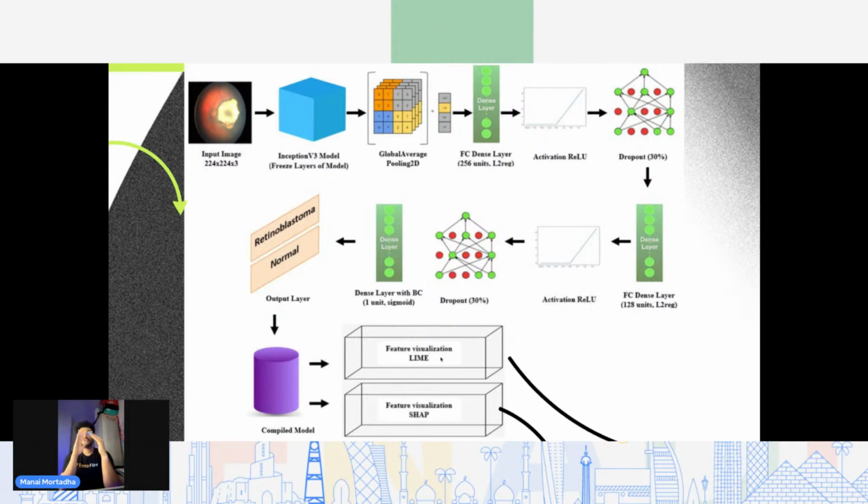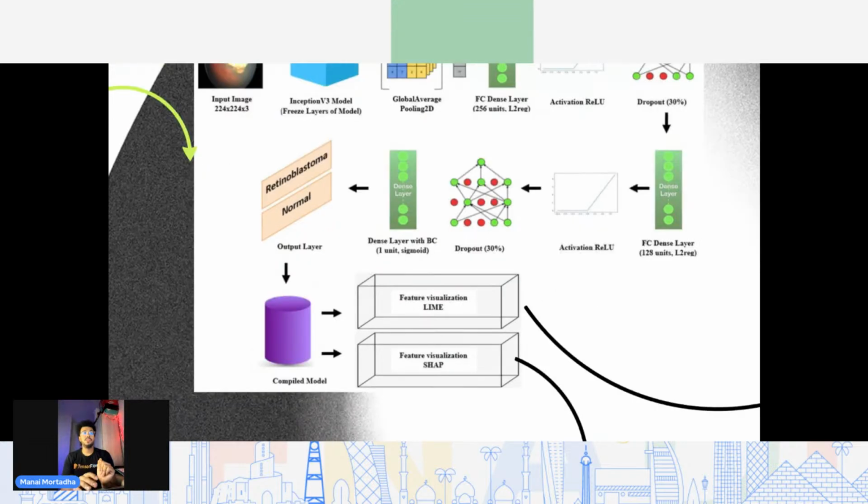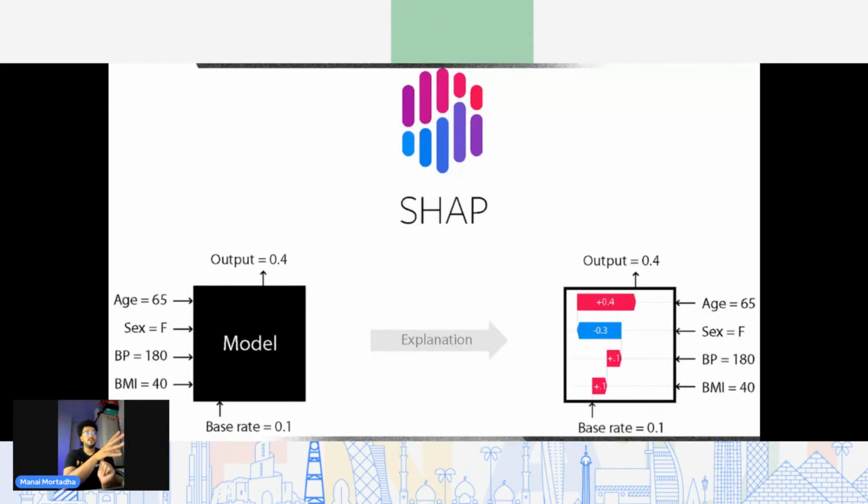Now, I'm going to show how this presentation differs from the output printable through a basic AI model. As we see here, for SHAP, on the right, you see the model, the AI model, and the explanation. The AI model I represent as black to maintain the idea of a black box. As you see here, the model gives us the age, the sex, the PPMI, the output, and the base rate.